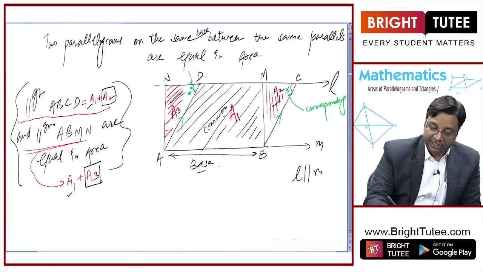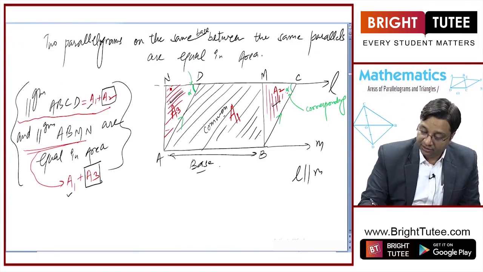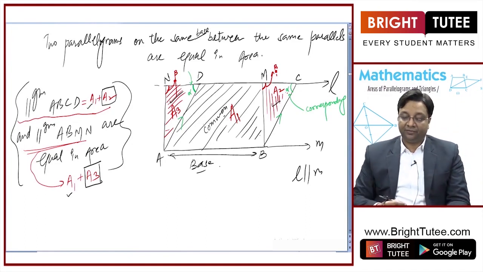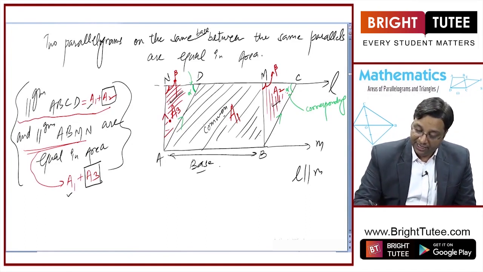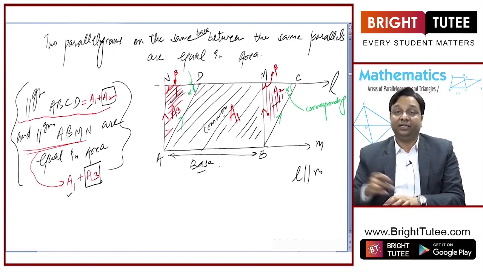Now, the same thing can I say about these two angles, this angle and this angle. If this angle is beta, will this angle also be beta? Yes, because AN and BM are parallel lines, because ABMN is a parallelogram.